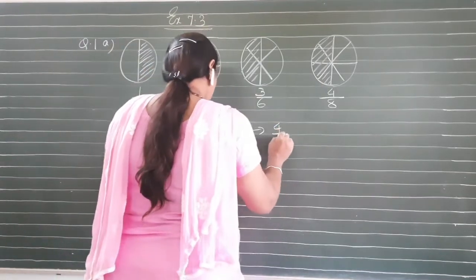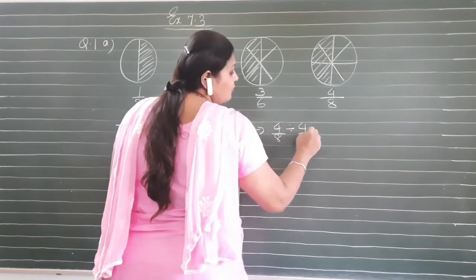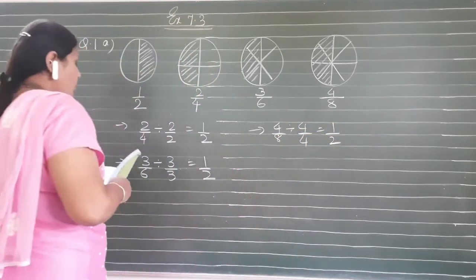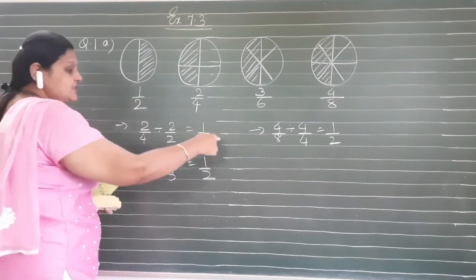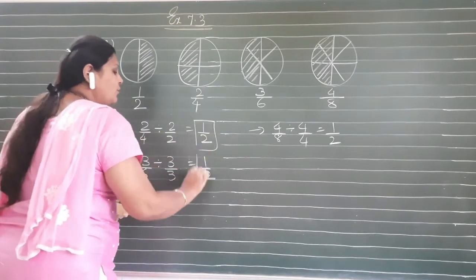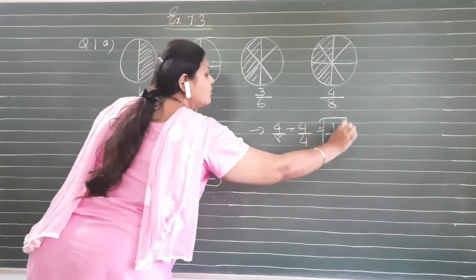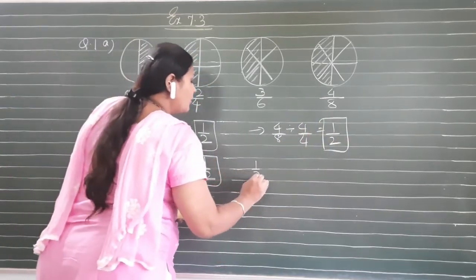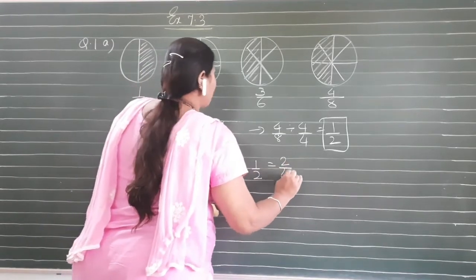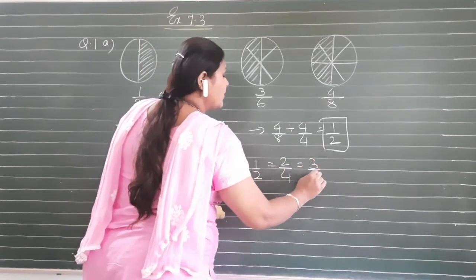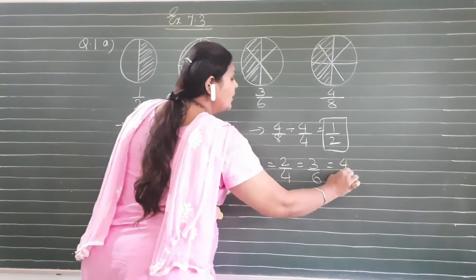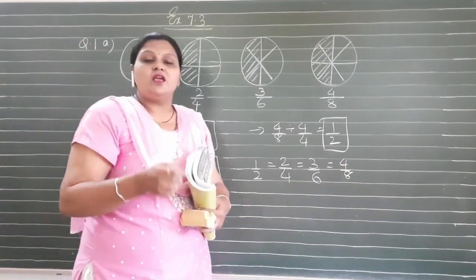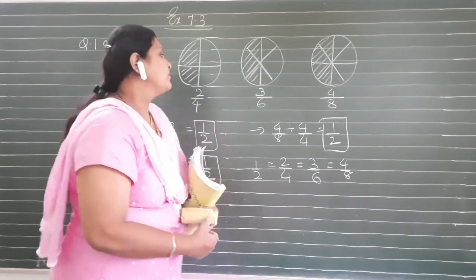Next 4 upon 8 will be divided by 4 upon 4, so 1 upon 2. So in every case we are getting 1 upon 2. So we can say that 1 upon 2 is equal to 2 upon 4 is equal to 3 upon 6 is equal to 4 upon 8. In short, we can say these fractions are equivalent fractions.